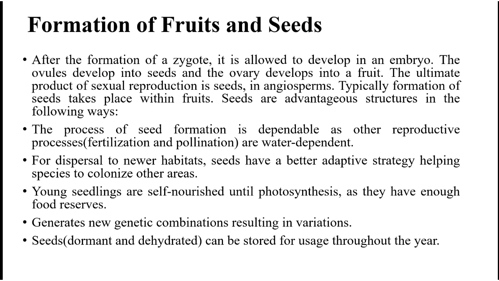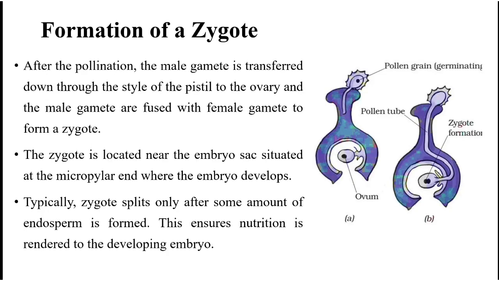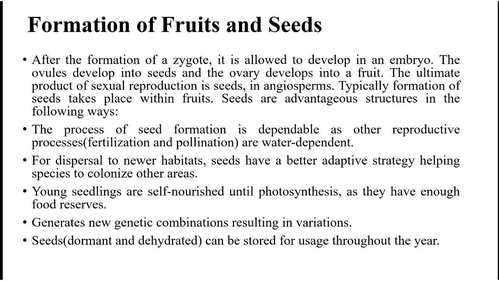So inside that whole fruit, seeds are formed. After fertilization, the zygote will be formed and it will develop into the embryo, and the ovules are transformed into seed and the whole ovary is transformed to form fruit.